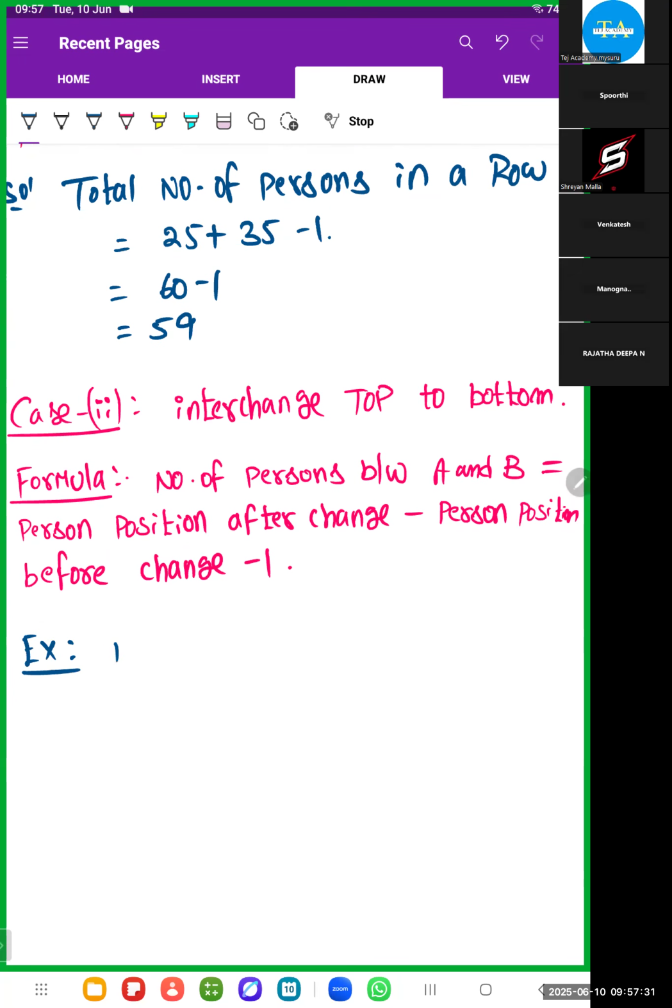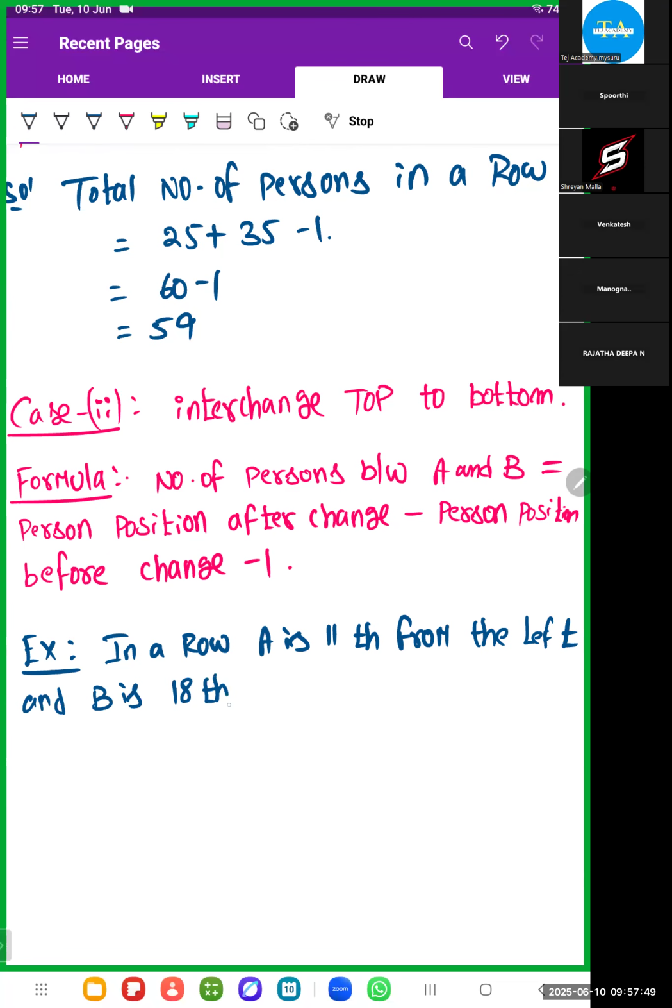In a row, A is 11th from the left and B is 18th from the right.